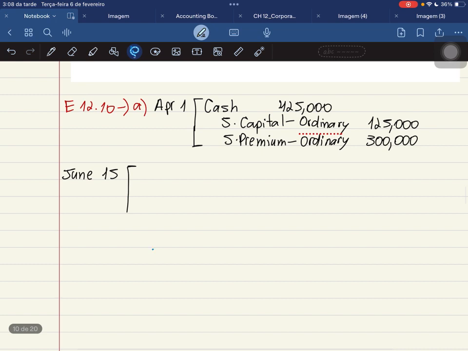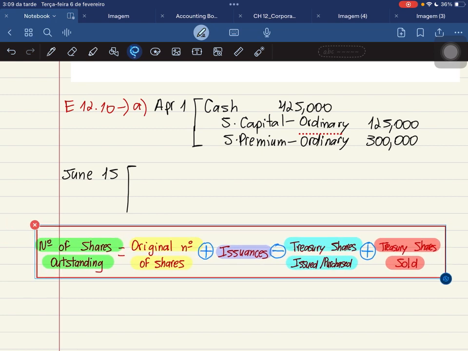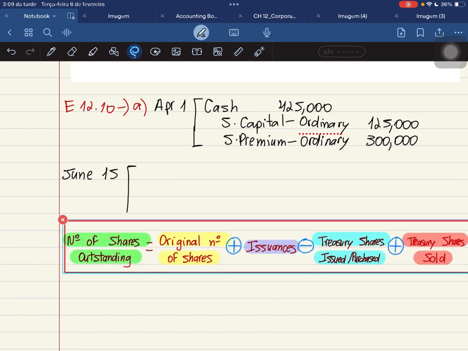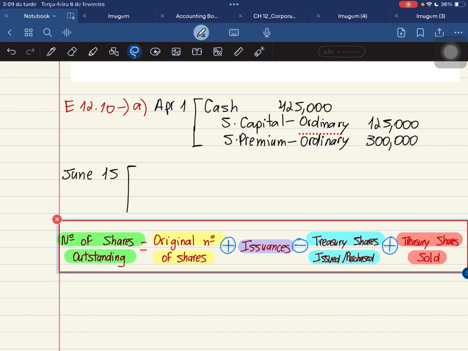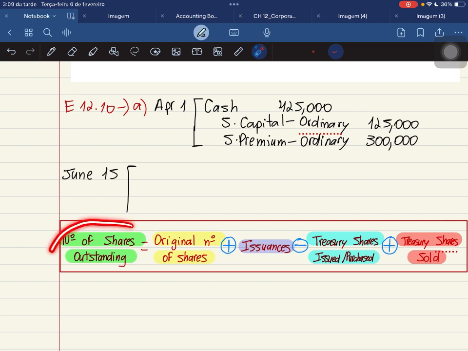And for you to do that, there is actually a formula. I'm going to copy and paste this here for you. This is the formula that we're going to be using. So the number of shares outstanding is going to be equal to the original number of shares that we had plus all of the share issuances, and less the treasury shares purchased, and plus the treasury shares sold.